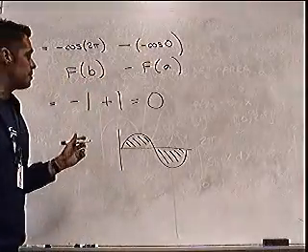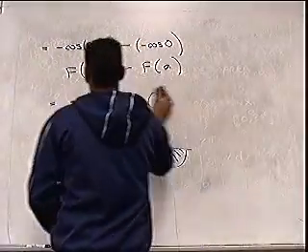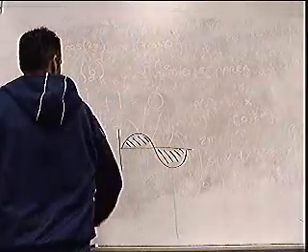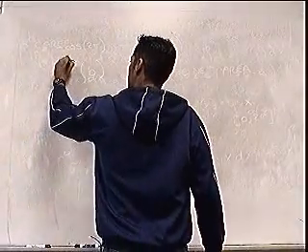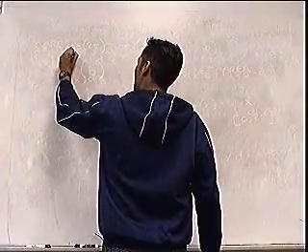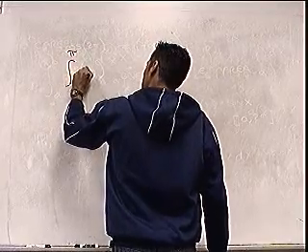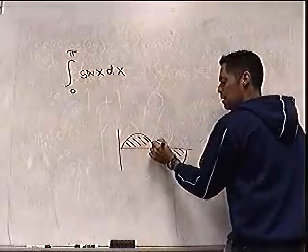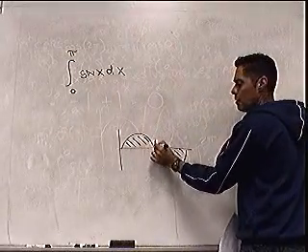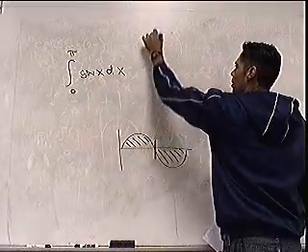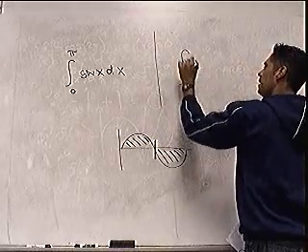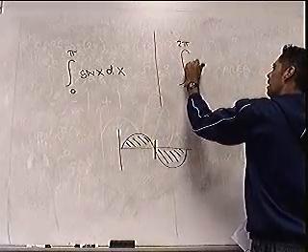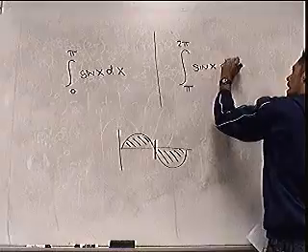What you would do is this. Is you would split your integral up, and you would go integral from 0 to pi of sine x dx. That would give you the area up to here, wouldn't it? And then you do another problem, and you go from pi to 2 pi of sine x dx.